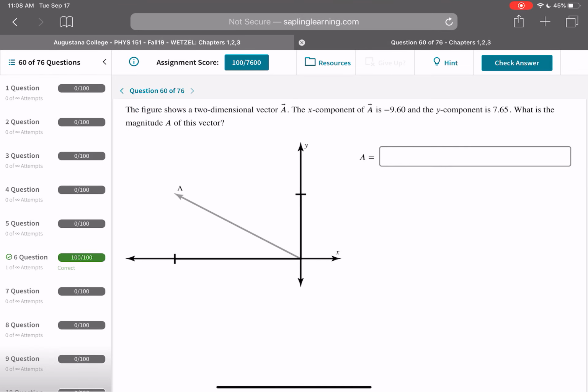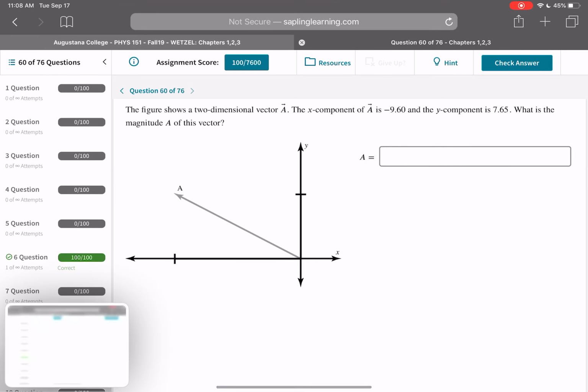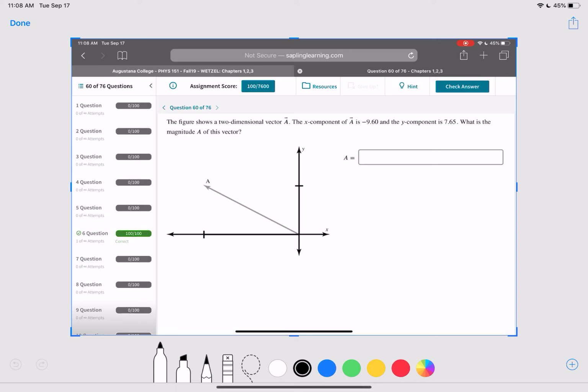Okay, you got a two-dimensional vector here. The x component A is negative 9.6, the y component 7.65. What is the magnitude of this vector? Okay, x component. Let's draw that. There's the x component, negative 9.60. Y component is 7.65. Let me draw a different color, 7.65. All right, what is the magnitude?